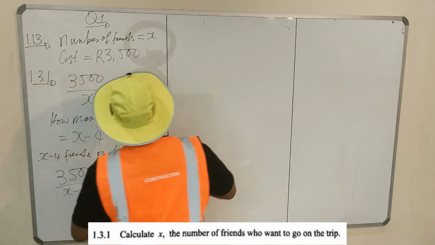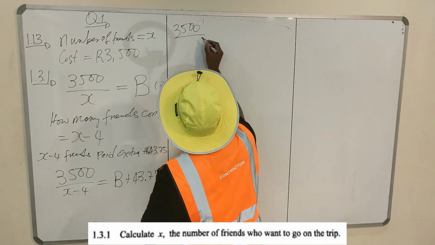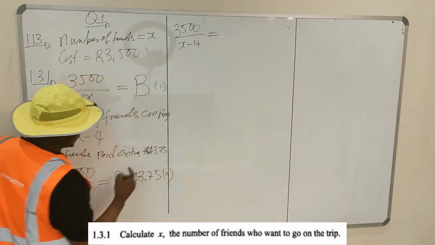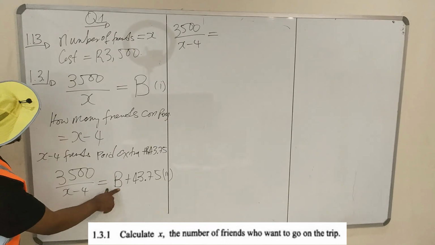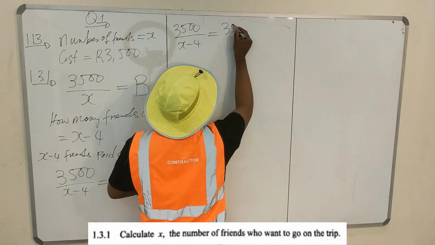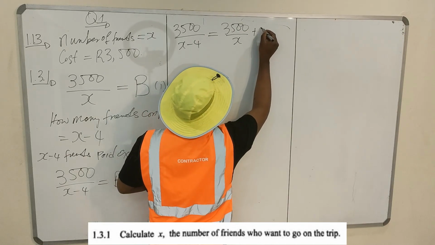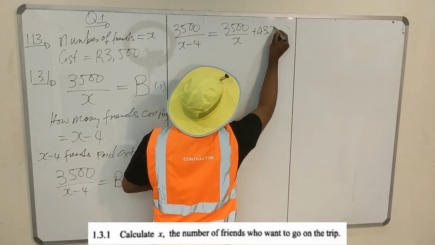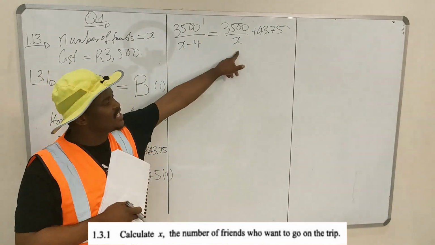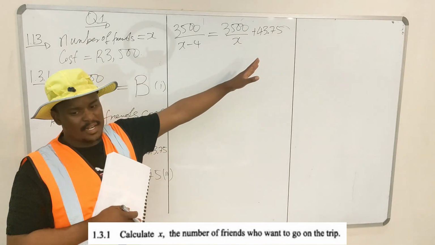So what do we say? We say 3,500 over x minus 4 is equal to b. What is b? b is 3,500 over x plus 43 rand 75 cents. When you have these fractions, you multiply throughout.